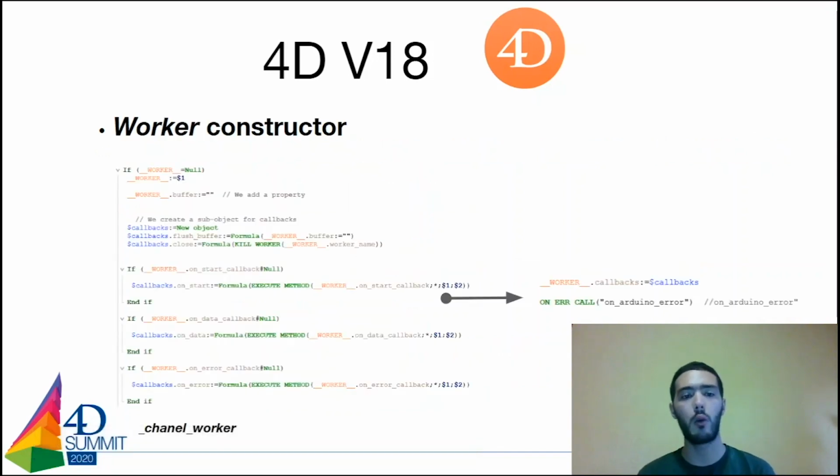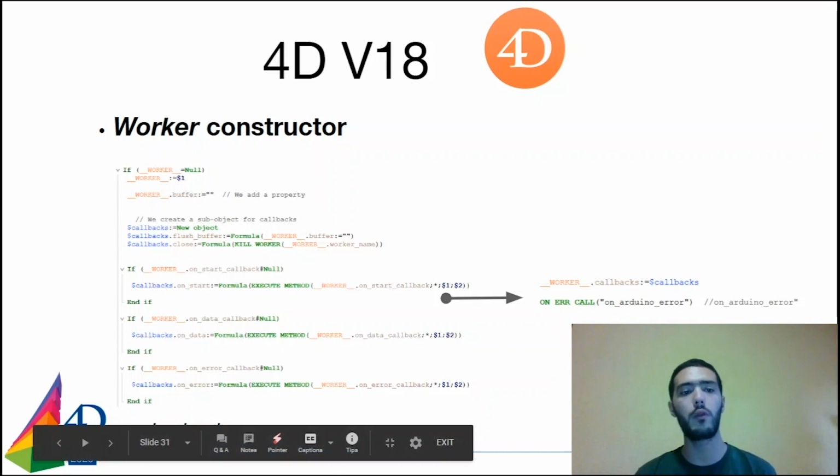To do this, we'll mention the use of a worker. This worker will in fact be responsible for the execution of all these callbacks. So as we can see here, we'll start by constructing the worker. We'll define for each of the object attributes which formula to execute, which callback to execute.